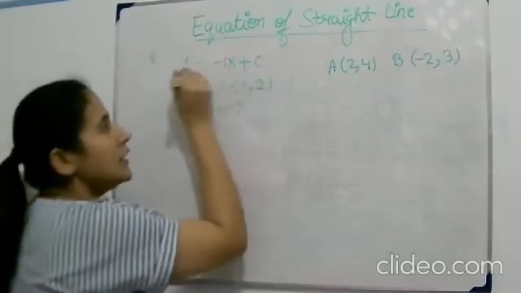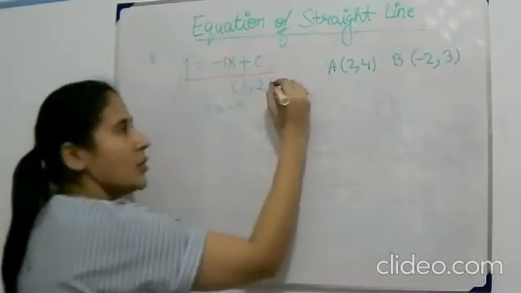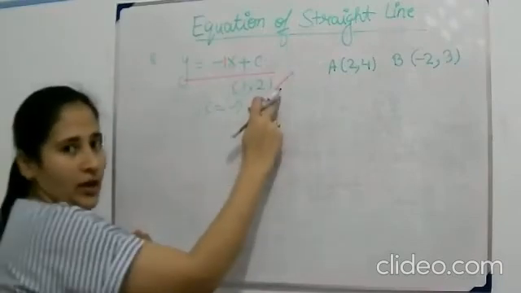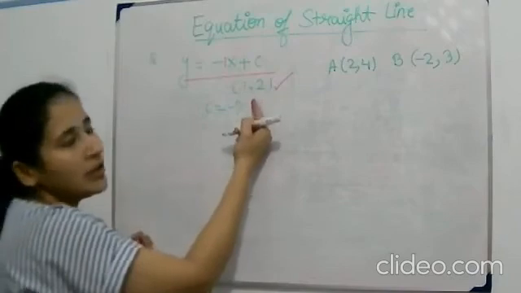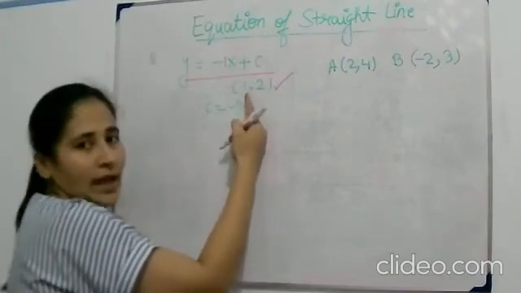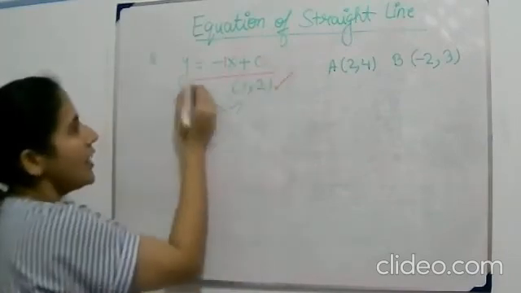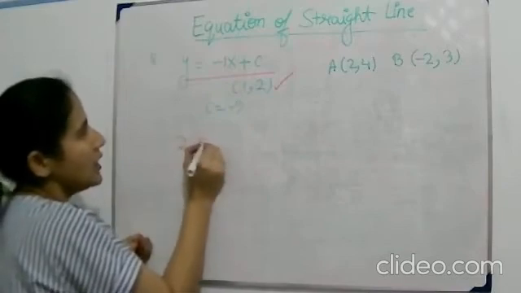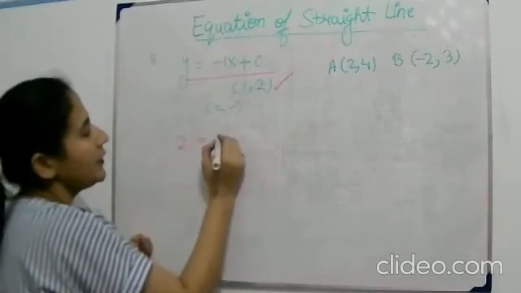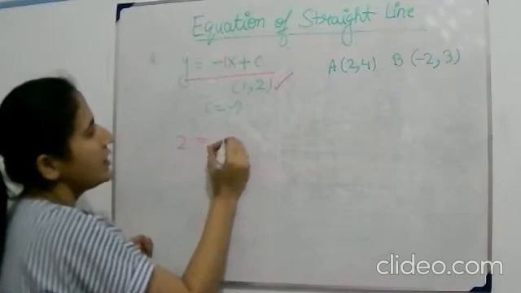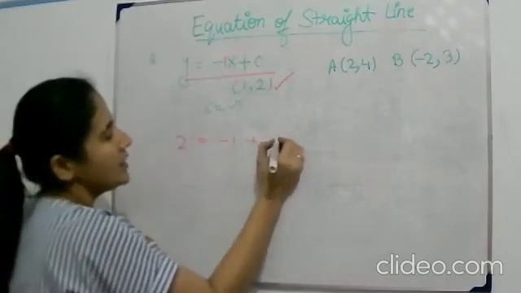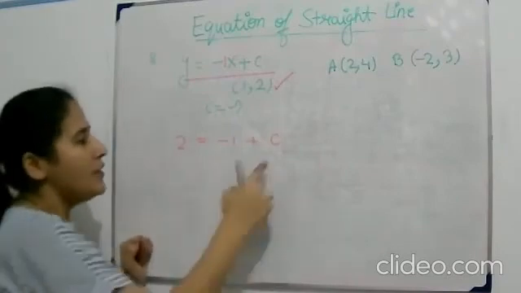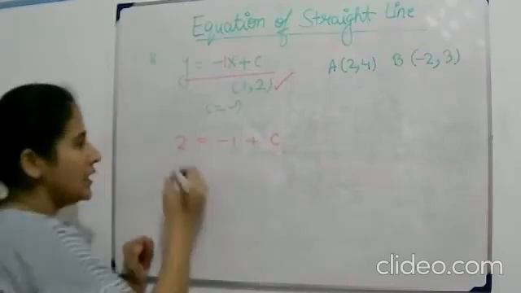If this line is passing through this coordinate, that means this point will satisfy this equation. So substitute the coordinate x and y in this equation. y is equal to 2, minus the value of x, which is 1, plus c. We have to find the value of c.